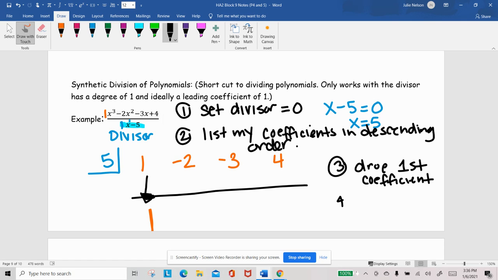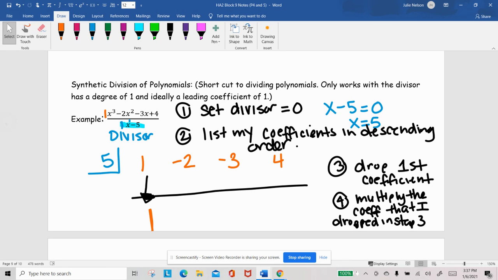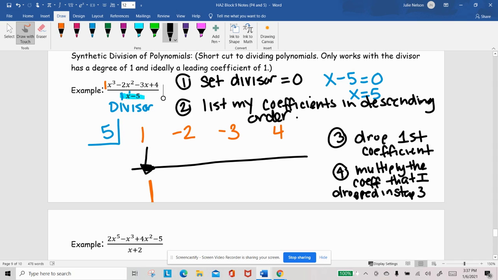My next step is then I multiply the coefficient that I dropped in step 3 by the number in the box.